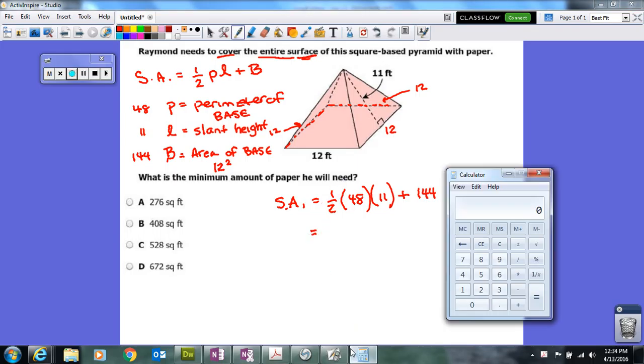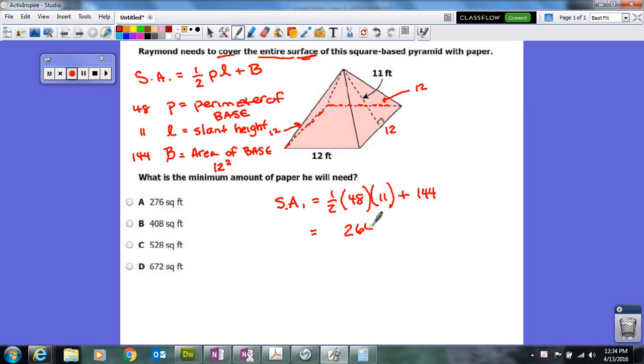1/2, or 1 divided by 2, times 48 times 11. That gives me 264 for all this stuff right here.